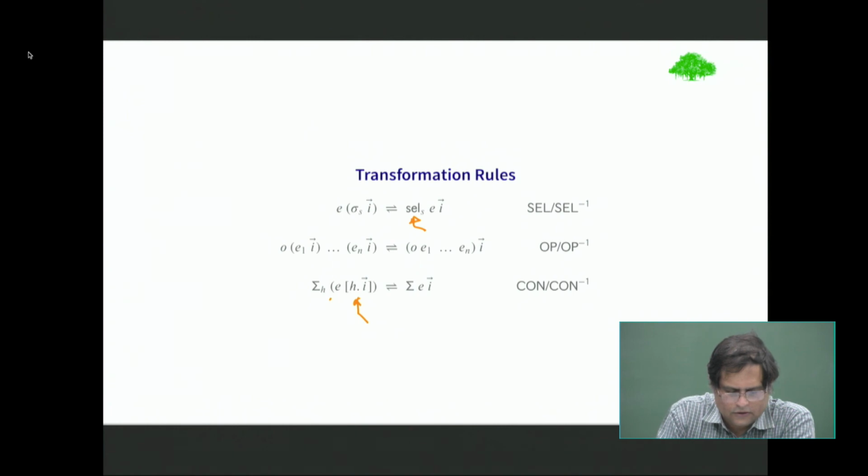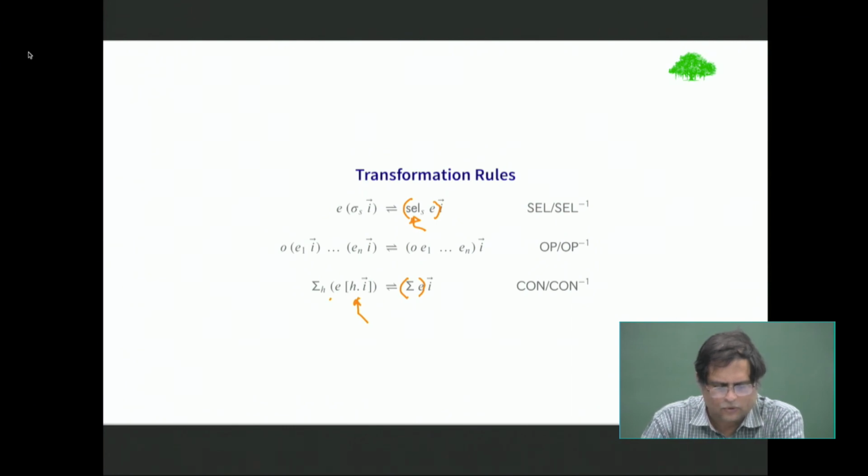Notice that basically these are all left associative. Similarly here we're doing that.